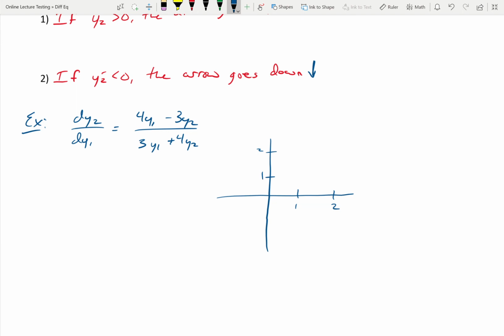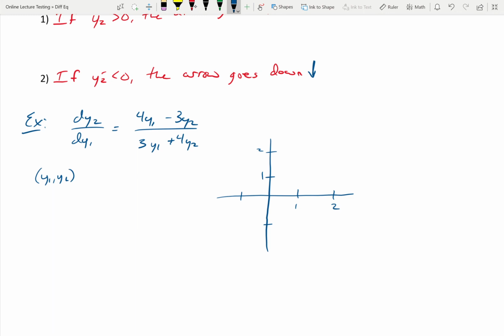So I'm going to plug in a couple of values and we'll see how we find these. I'll try to throw some negative ones in there so that you can see how these are looking. All right. So y1, y2.